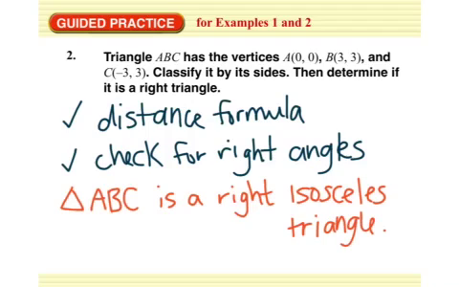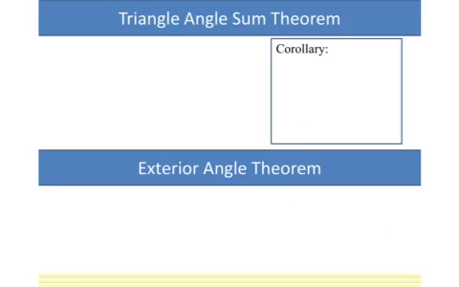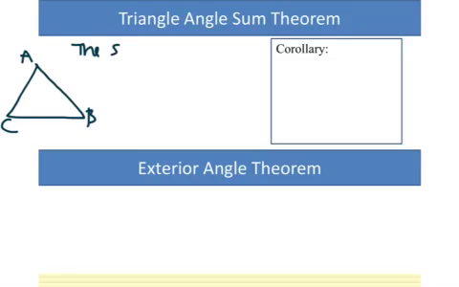Okay, great. Okay, the major theorem, so the meat and potatoes of this lesson, is the triangle angle sum theorem. You might have learned about this before, but in any triangle, so I'm going to draw a triangle ABC. In any triangle, the sum of the interior angles, so the angles inside the triangle, is 180.